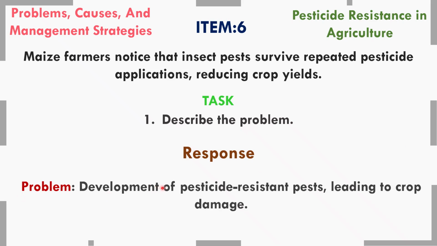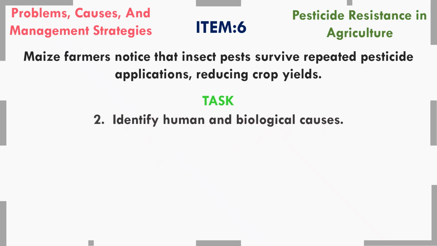Problem: development of pesticide-resistant pests leading to crop damage. Identify human and biological causes.